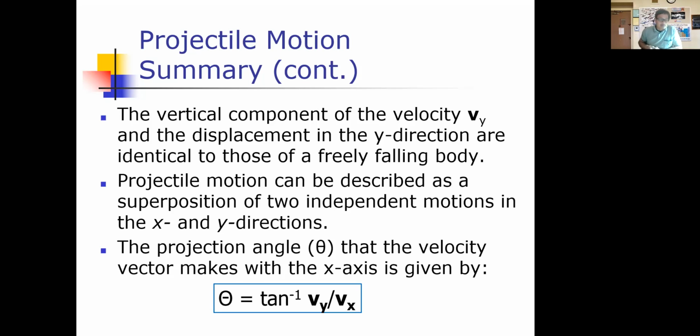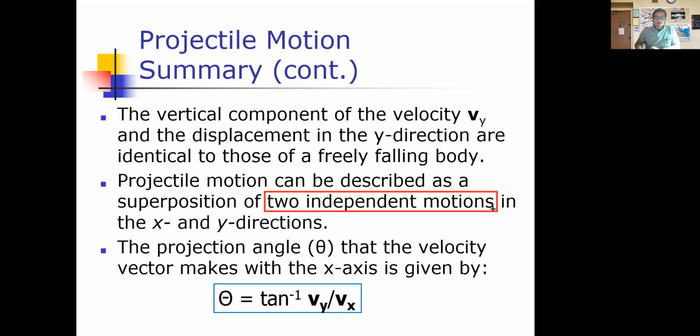What you want to make sure you do is treat the vertical motion and the horizontal motion independently of each other. Treat it as if you have an object that's moving only horizontally along the x direction, and then treat it as if the object is moving only vertically. That's what you want to keep in mind as you go through this.